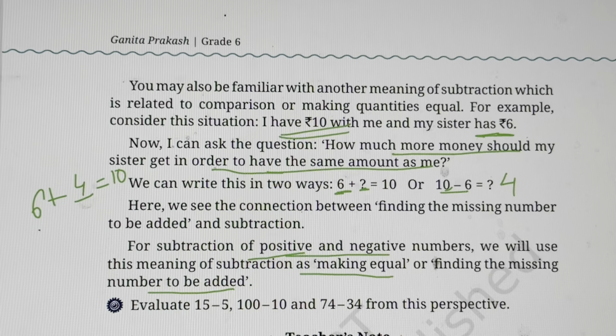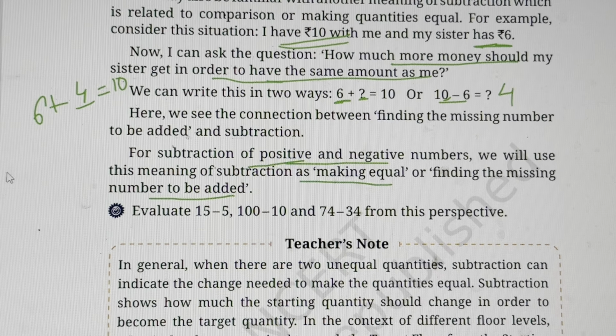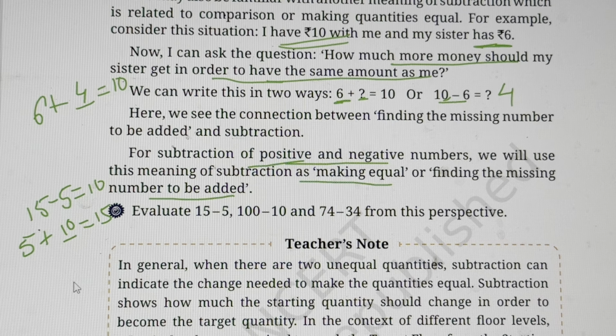So here there are some questions given. Evaluate 15 minus 5. So, right, it can be done as 15 minus 5 is equal to 10, or what should be added to 5 to get 15? So that is again 10.